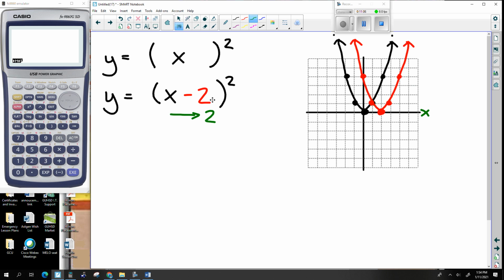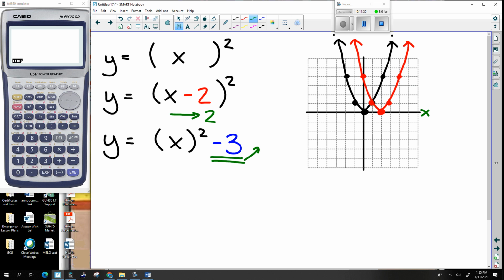Okay, now what happens if it's not in with the x? Let's say minus 3. Minus 3. Notice how it's not in with the x. So if it's not in with the x, it does exactly what it's supposed to be doing. But notice how this is not an x motion.